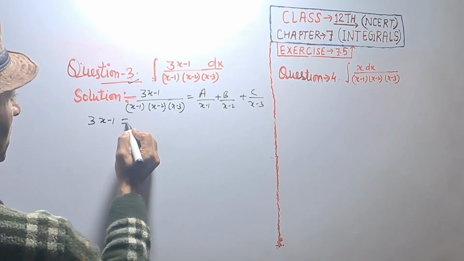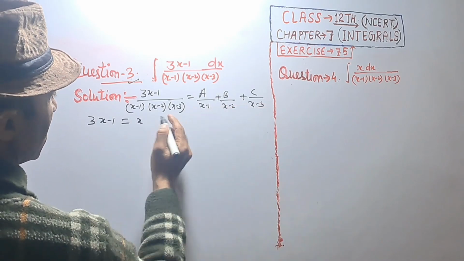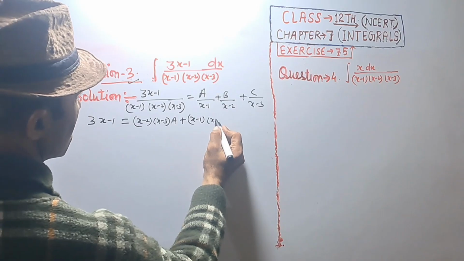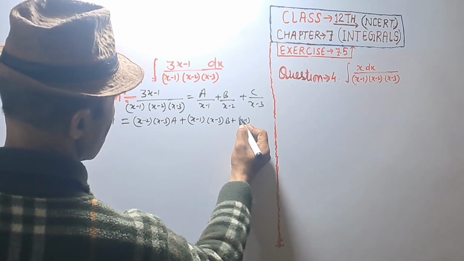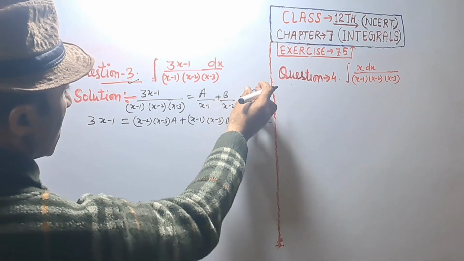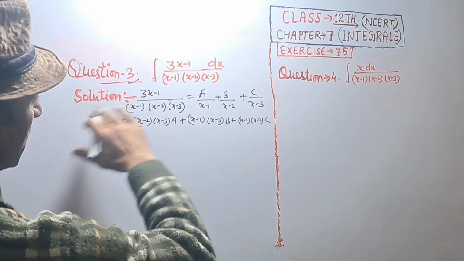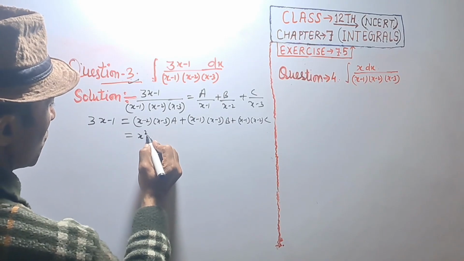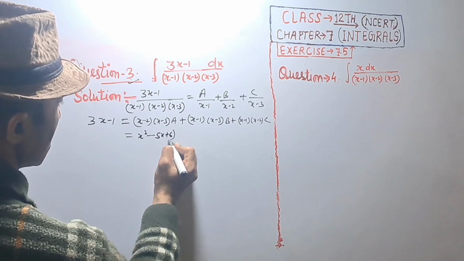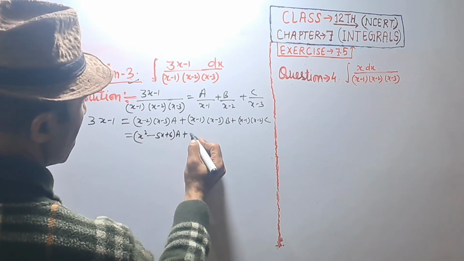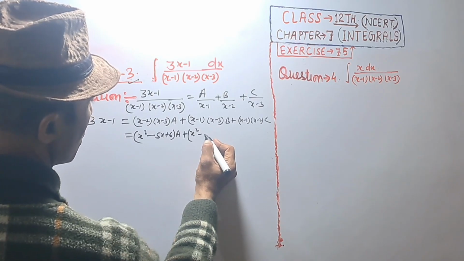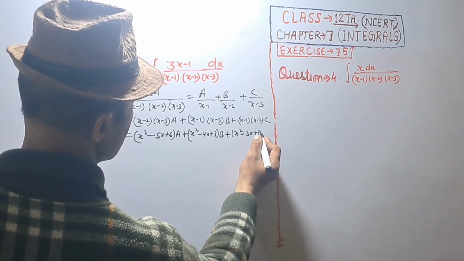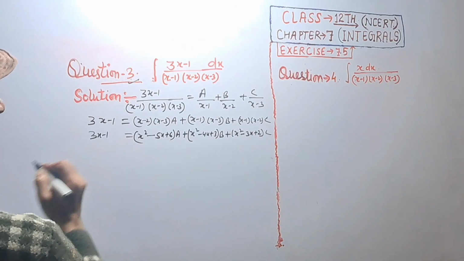So 3x minus 1 is equal to (x minus 2)(x minus 3) times A plus (x minus 1)(x minus 3) times B plus (x minus 1)(x minus 2) times C. That is, (x square minus 5x plus 6) times A plus (x square minus 4x plus 3) times B plus (x square minus 3x plus 2) times C is equal to 3x minus 1.